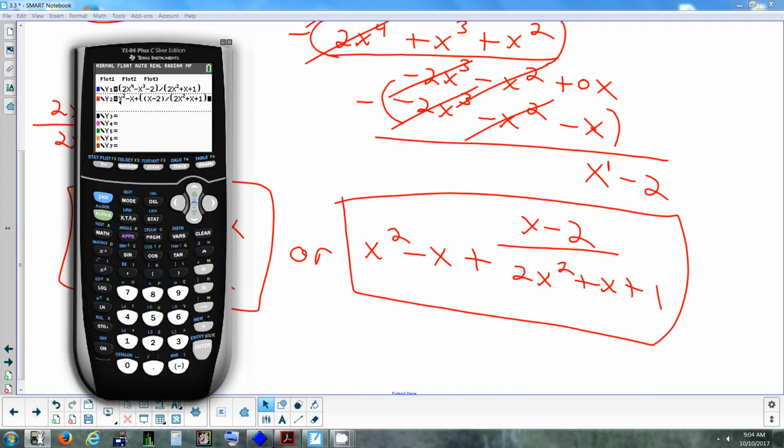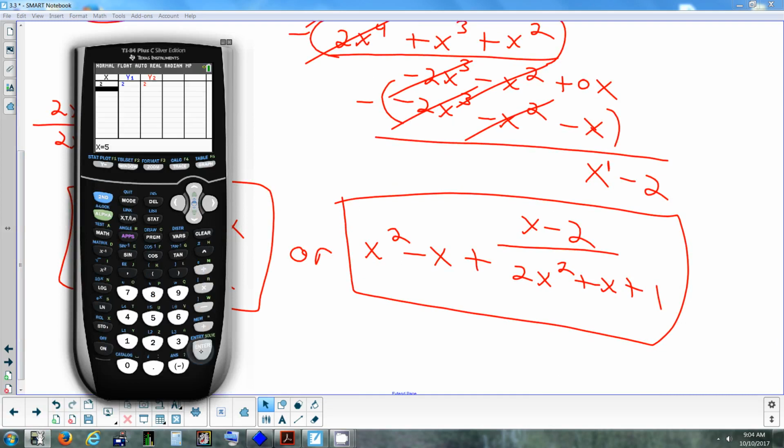Close the parenthesis for my denominator. Close it for that entire fraction. And I think we're okay. Let's go second table.